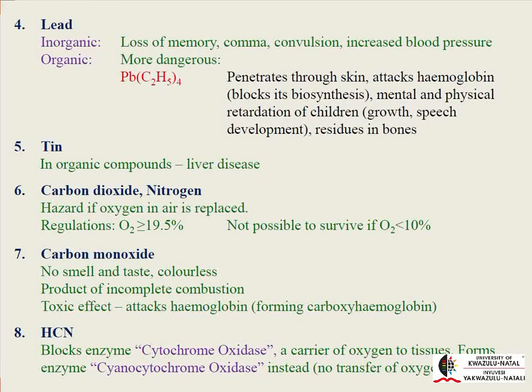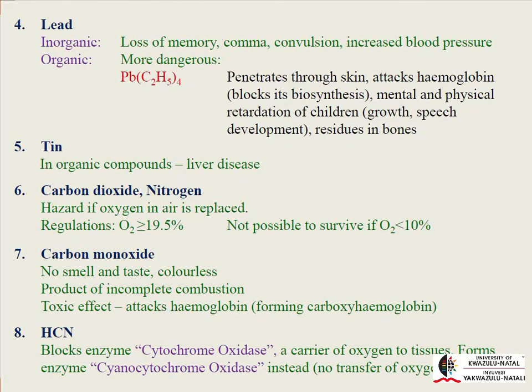Then there is lead, not lead itself, but essentially lead compounds, which can penetrate through the skin and attack your red blood cells. It can also cause mental and physical retardation of children. So very serious conditions there. Tin as well is responsible for liver disease in organic compounds.